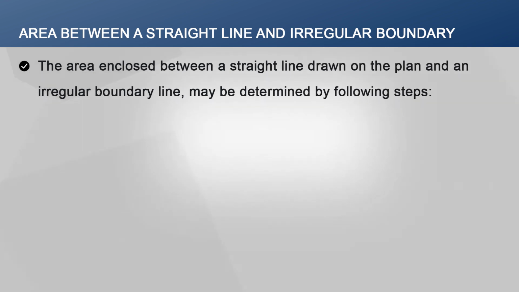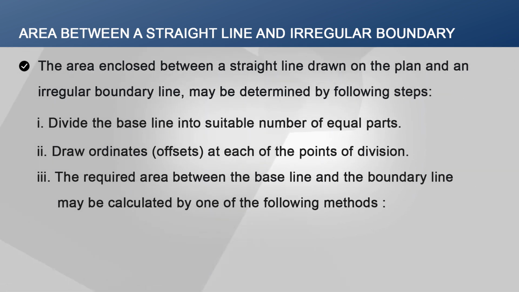The area enclosed between a straight line drawn on the plan and an irregular boundary line may be determined by the following steps. What is the first step? Divide the baseline into a suitable number of equal parts. Second, draw the ordinates, which means offsets at each of the points of division.